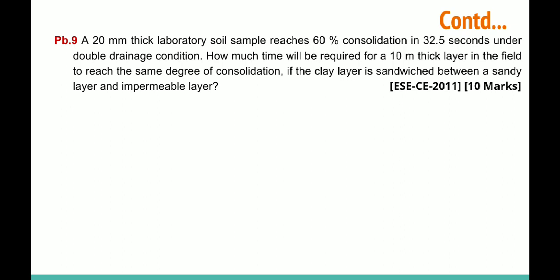Are you getting the point? Impervious layer means it is an example of a single drainage system. Water can go from the top only, because the bottom layer is the impervious layer. Water cannot flow through it. Impervious layer does not mean the permeability coefficient is exactly 0; the permeability coefficient is very low. When the permeability coefficient goes below a certain value, we count it as an impervious layer.